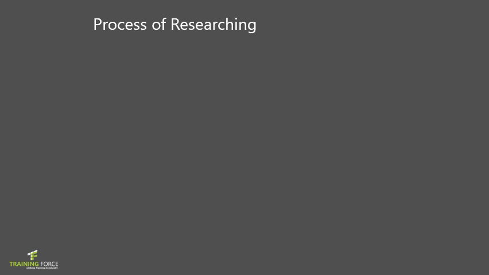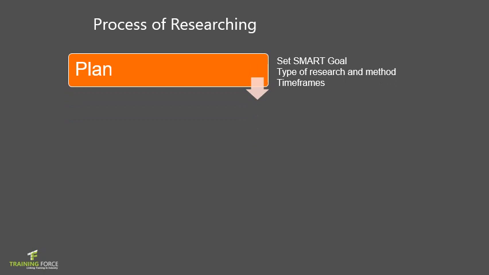Now, just to wrap up everything that we've basically gone through, the process of researching, we plan, remember SMART goals, we've learned those, put in the type of research with qualitative, quantitative, what research are you doing, the methods that you'll be using, the items, the tools that you'll be using, whether it's interview or questionnaire, whatever the case may be, must be planned for.